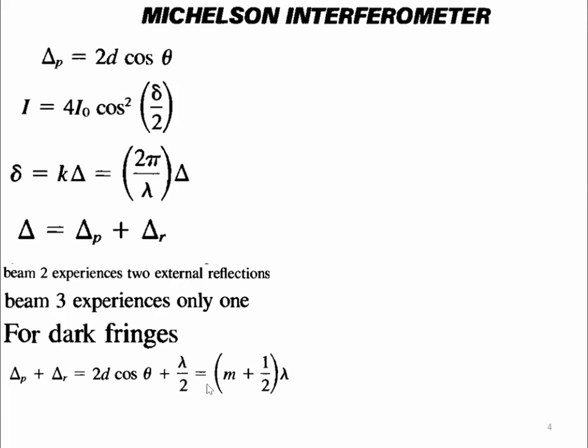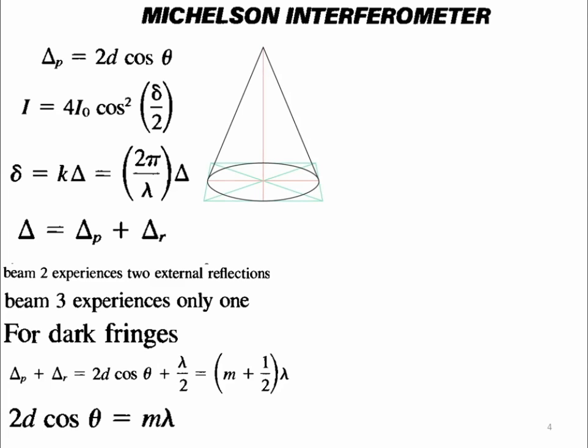So for dark fringes, this whole thing should be equal to m plus half lambda, right? It has to be a half integral multiple of the wavelength. And if we rearrange this equation, we will find the condition for destructive interference, or dark fringes, to be 2d cos theta is equal to m lambda. Now let's try to visualize things practically.